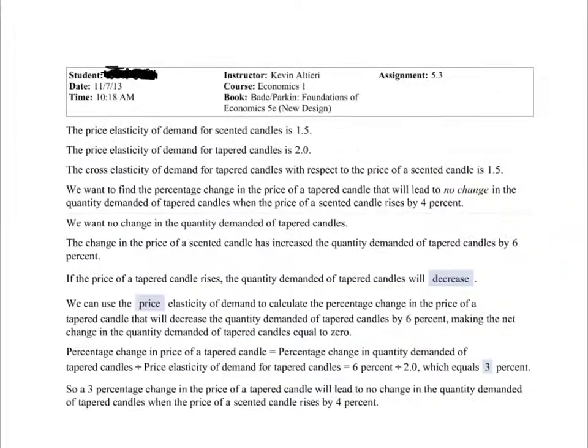Okay. Now, let me walk you through this real quickly, we'll just walk through basically exactly what we did. What the problem asks is for us to find the percentage change in the price of a tapered candle that will lead to no change in the quantity demanded of tapered candles when the price of a scented candle rises by 4%.